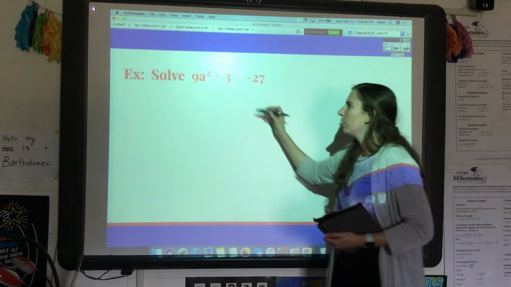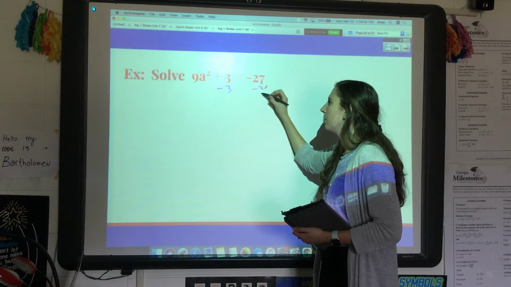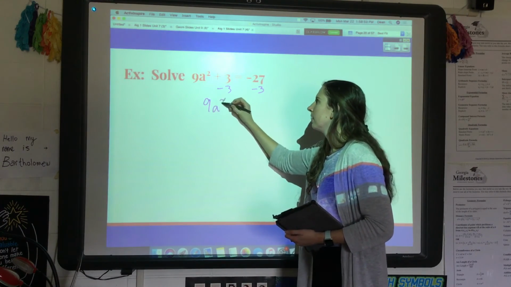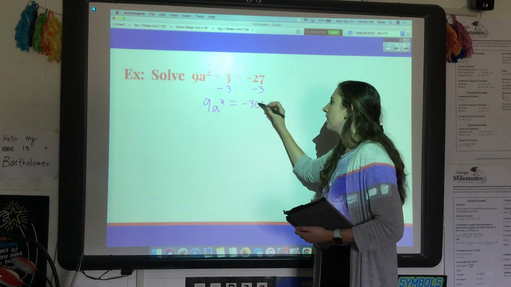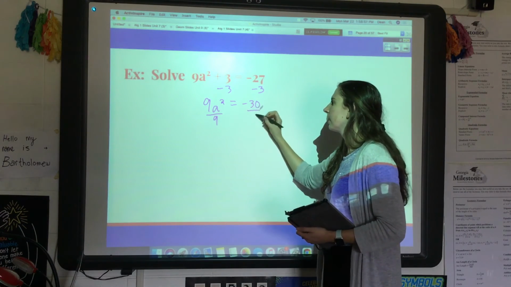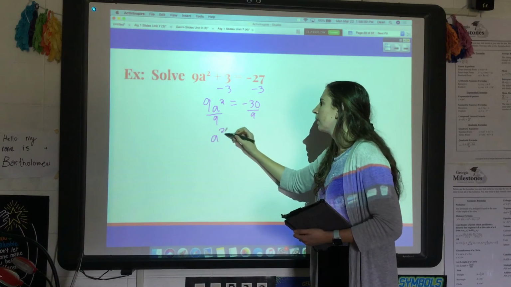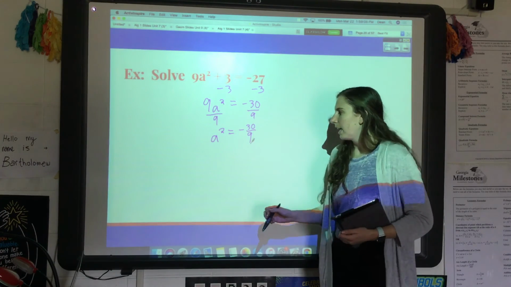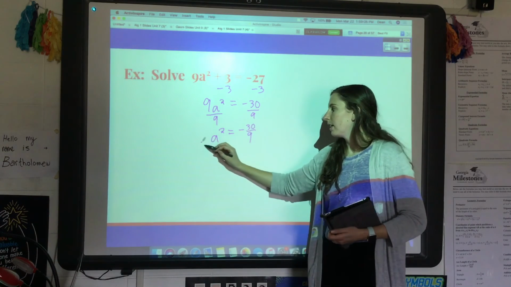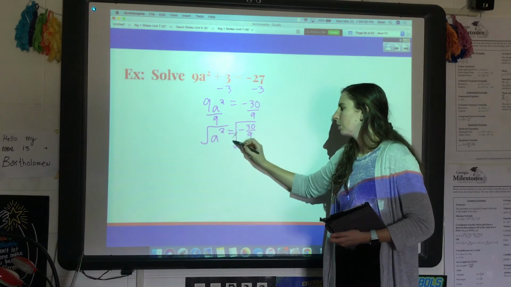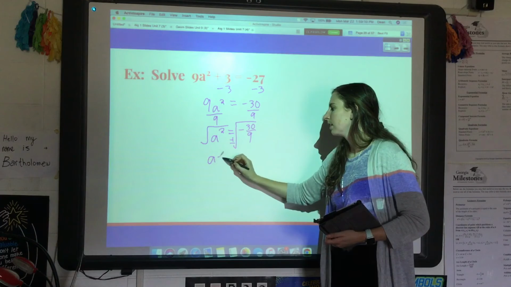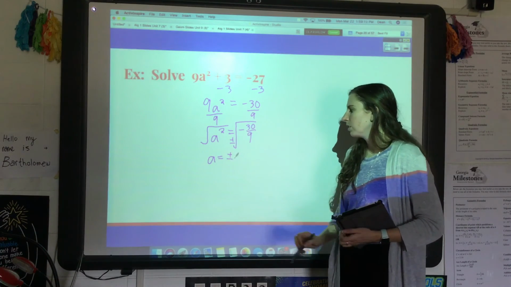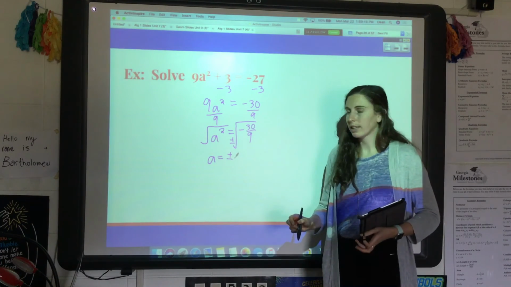All right, let's try one more. Subtract 3 from both sides. Then divide by 9. And that doesn't come out even, so I'll just leave it, and then square root, plus minus. Here's the thing. I'm going to break this into pieces.